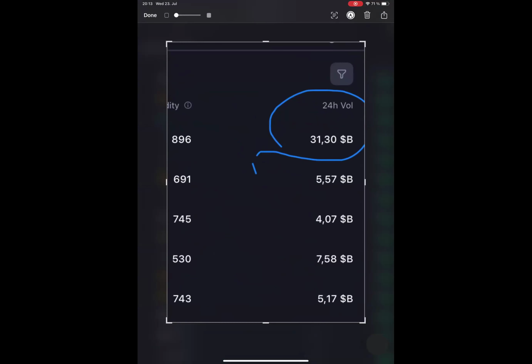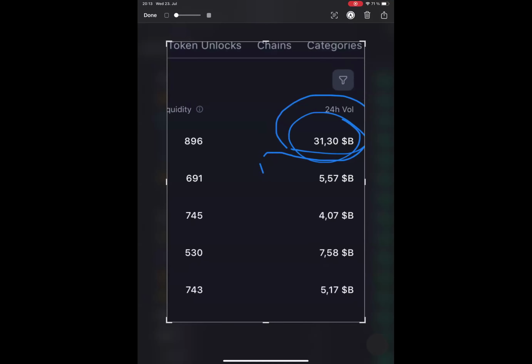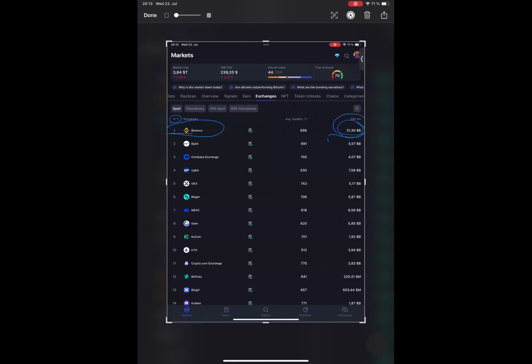Within the last 24 hours, 31 billion has been traded here. So it tells you that it's a platform where you get a lot of sellers and buyers, okay? Followed by Bybit, then we have OKX, MEXC, Gate.io, KuCoin, HTX, then Kraken at number 14. Look at Kraken, 1.87 billion.